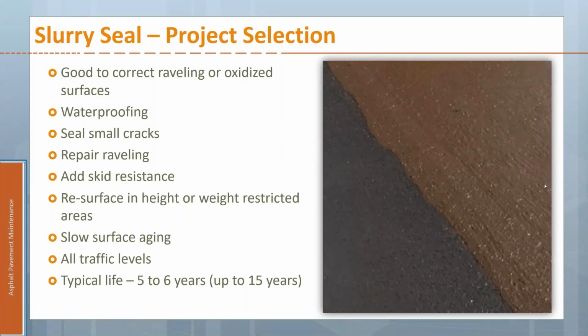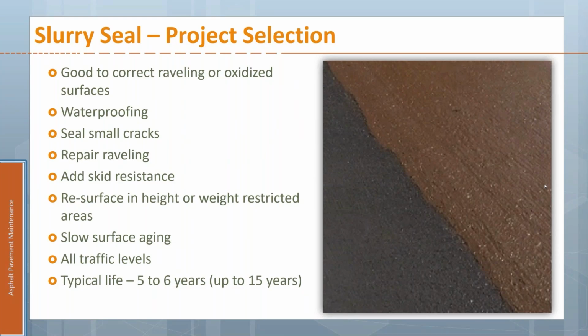If you have a location, maybe you've got curb and gutter, or you've got maybe an overpass or something where you are height restricted or even weight restricted areas, and you've got to maintain a certain level. Maybe it's a drainage issue and you've got curb and gutter and you really don't want to mess that up and you don't have enough funding to redo the entire project.